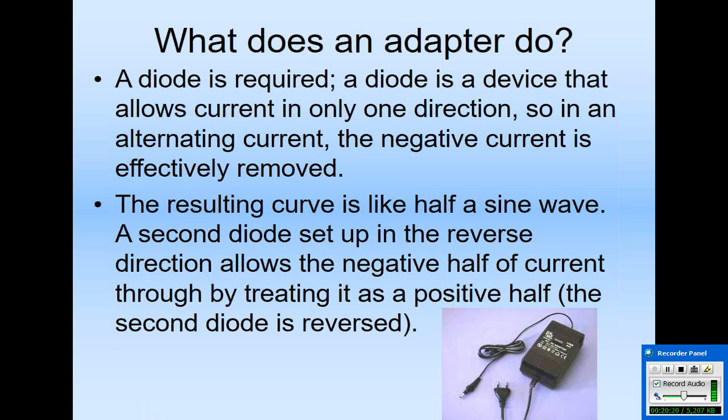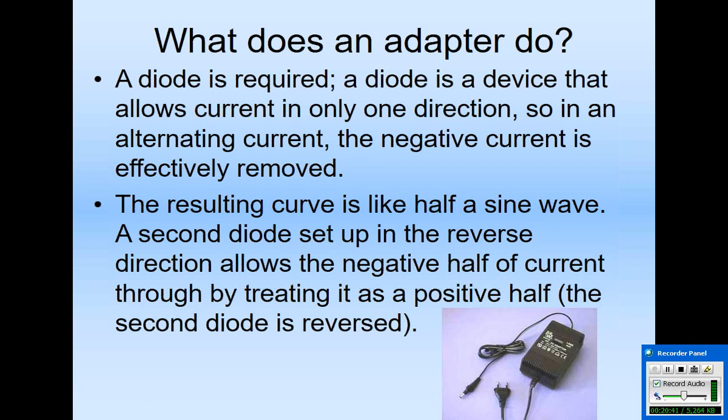The adapter takes in AC current and it spits out a very close approximation to DC current. So it allows us to use AC sources by creating a DC situation.